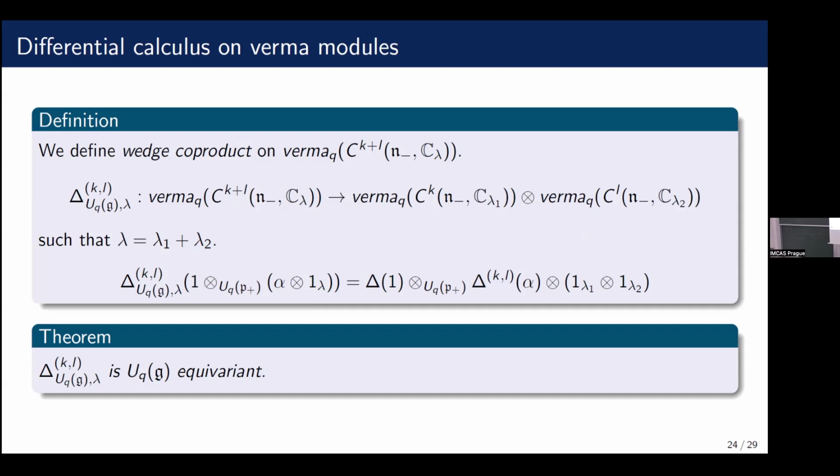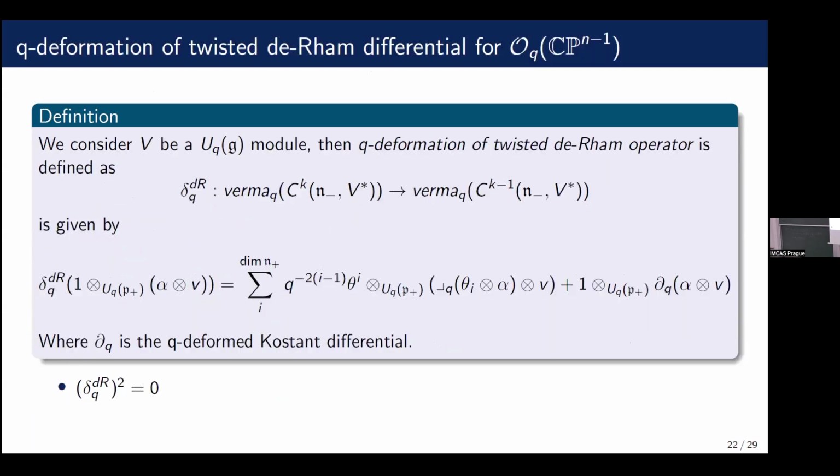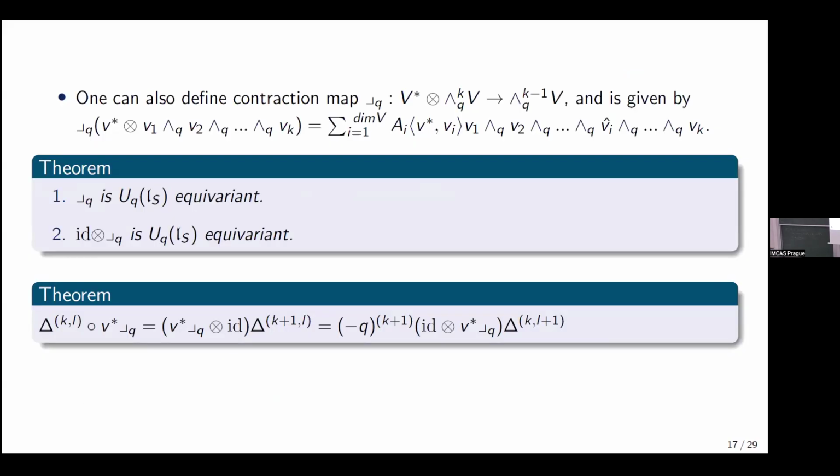So this map is UQG equivariant, and this is the graded Leibniz rule, which holds for the following reason. If I go back to this, if you look here, this is the main idea behind the graded Leibniz rule.